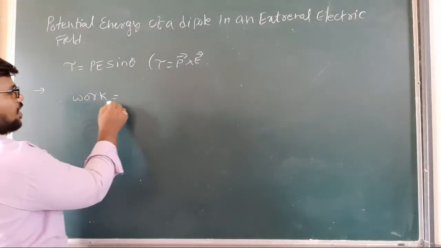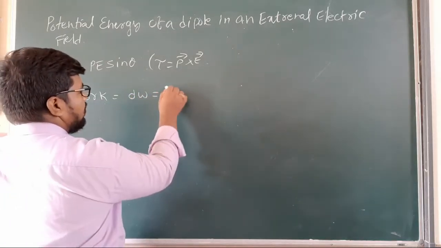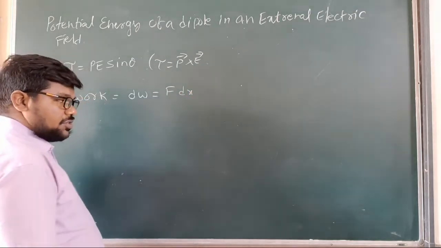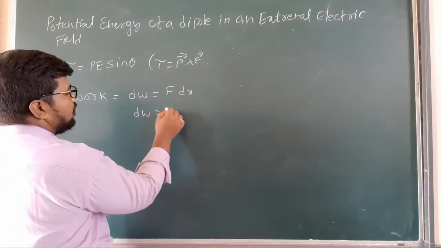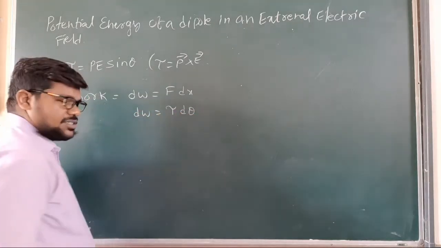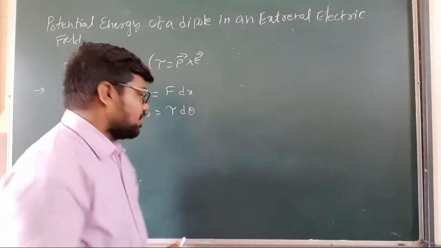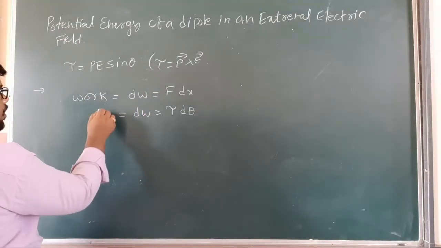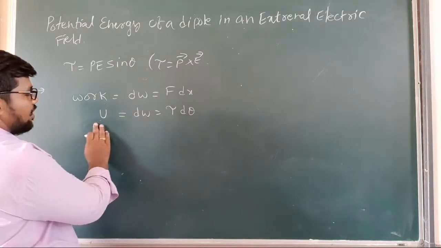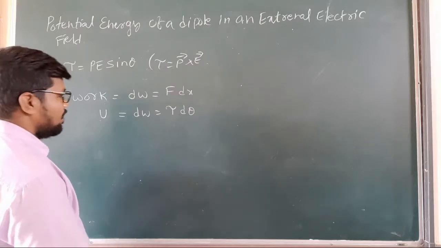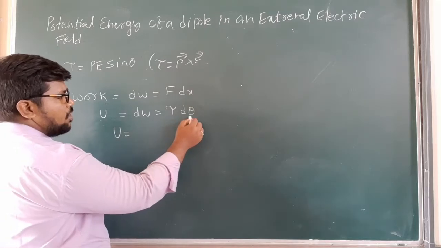The work done dW is equal to F into dx in the normal form. In the case of this dipole, dW is equal to tau d theta, because the dipole rotates through some angle. This work done is stored in the form of electric potential energy. So U is equal to dW, which is tau d theta.